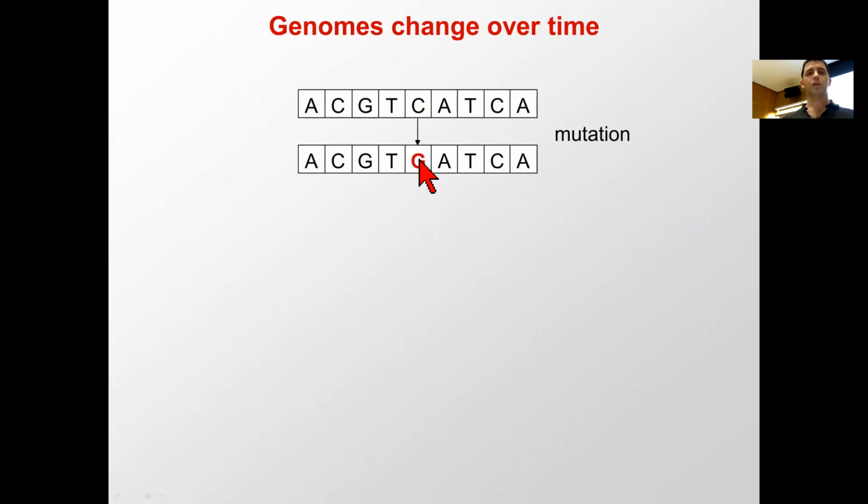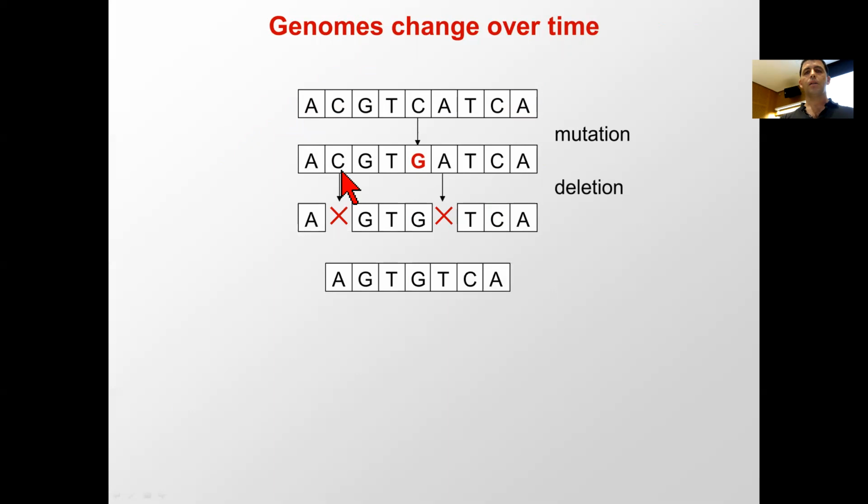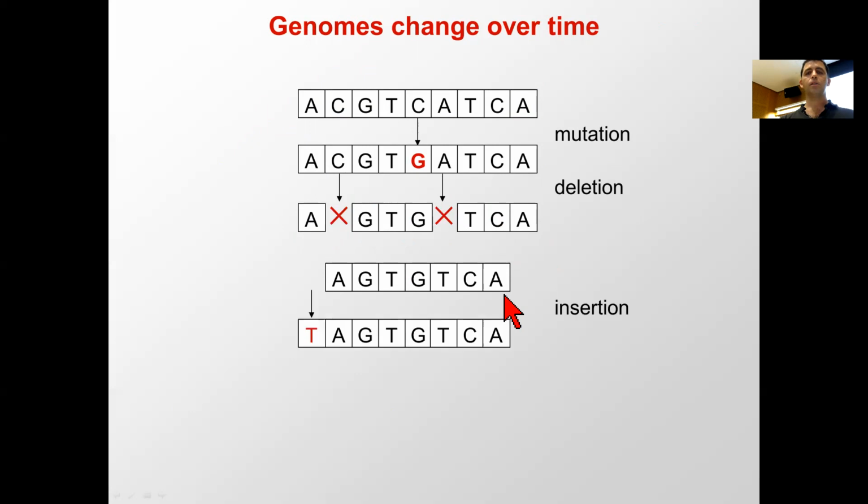Everybody makes mistakes. And then another event is deletion. You might actually just simply skip. As you're copying this, you might just forget the C and forget the A. And another one is like you might just insert an extra letter. Okay? These are primitive events, and that's pretty much all you need to explain most of evolution.